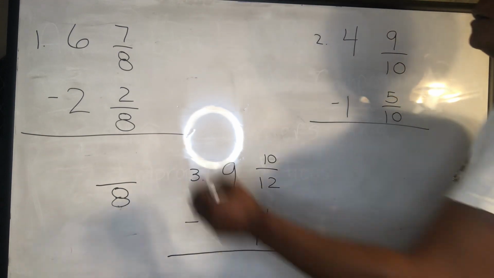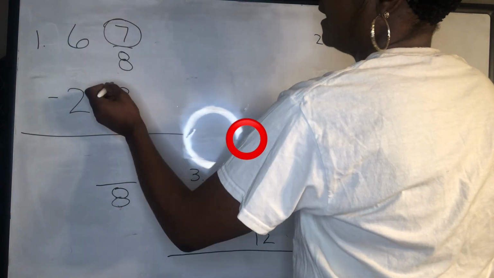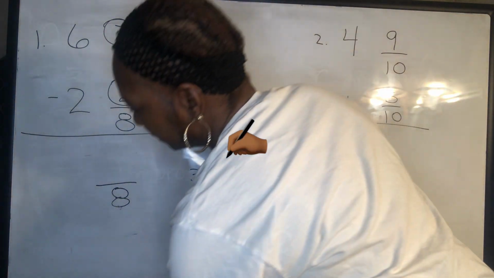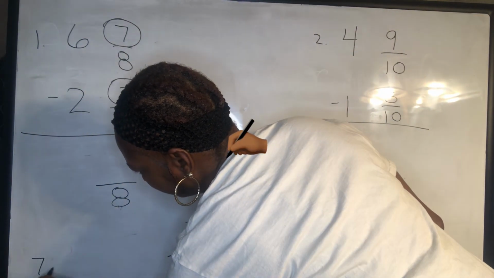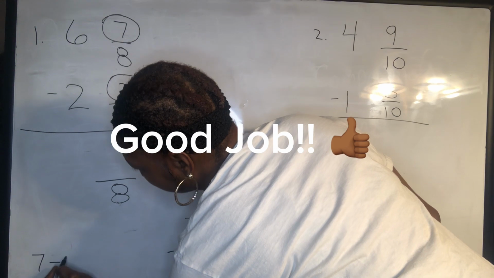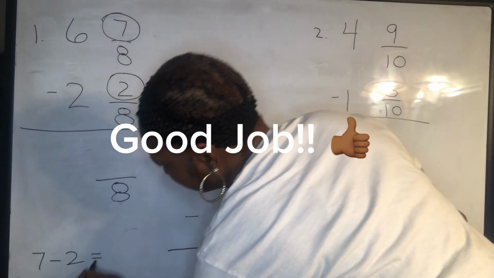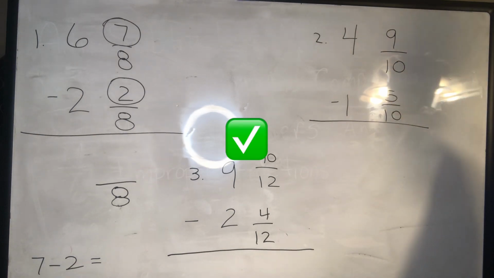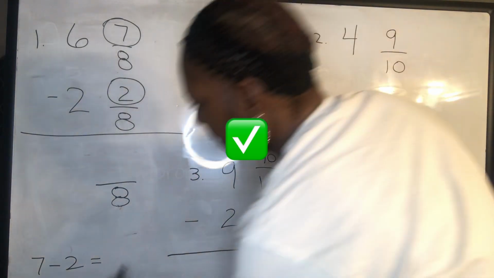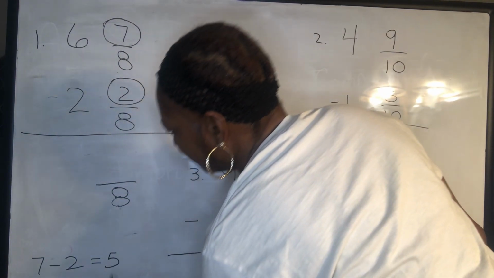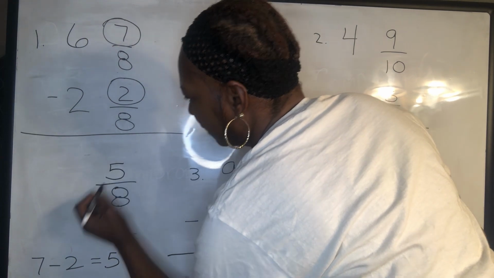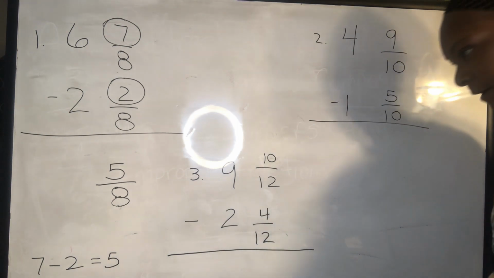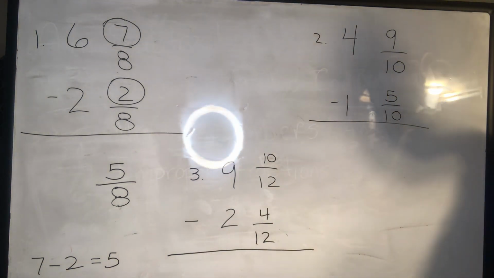Then we circle our numerators, and that creates our number sentence. What is that number sentence, Jamia? 7 take away 2. Good job. So 7 take away 2, what's the answer? 5. All right, that's the answer for our numerator, and we put it right here on top. So your fraction side is done, and you should have an answer of 5 over 8.